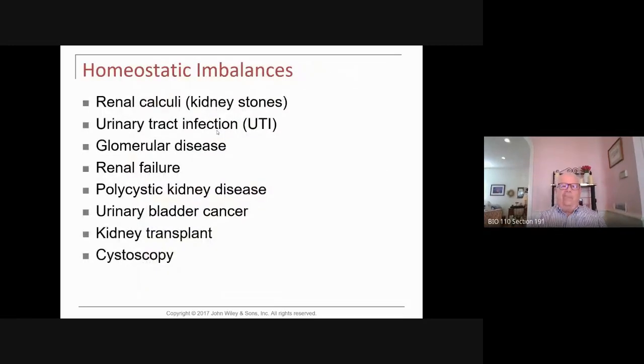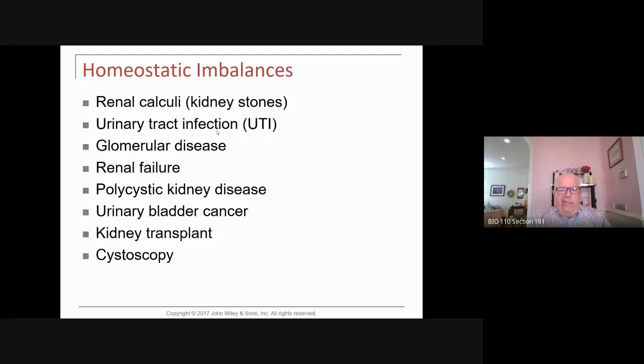There are some problems with your kidneys, and the number one problem with your kidney is kidney stones. 1 in 10 people will develop a kidney stone during their lifetime. Kidney stones are caused by various problems.